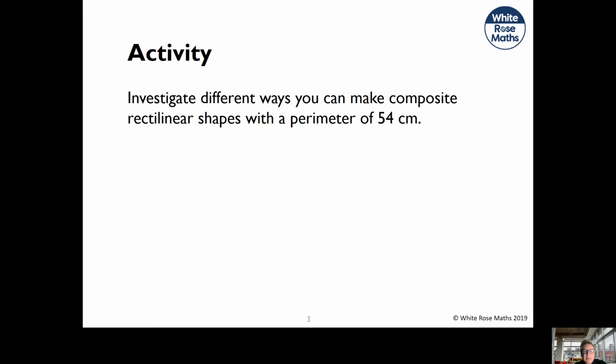Now, rectilinear shapes means rectangles and squares essentially, but the composite, they're put together, so you can put them together in different ways. You could at home use some form of construction, Lego for example, scaled down, or cut out some rectilinear shapes and do it practically.